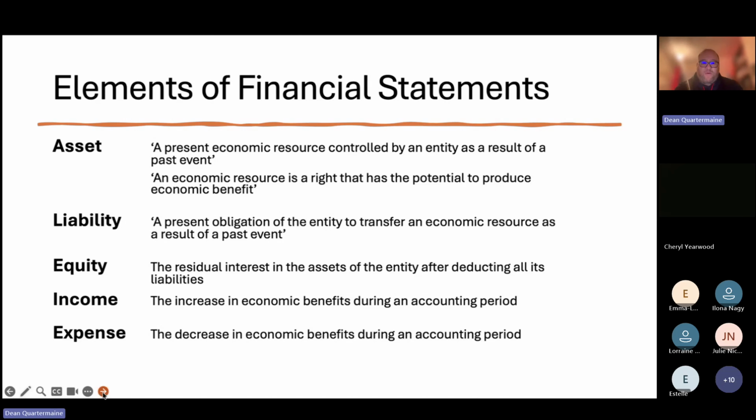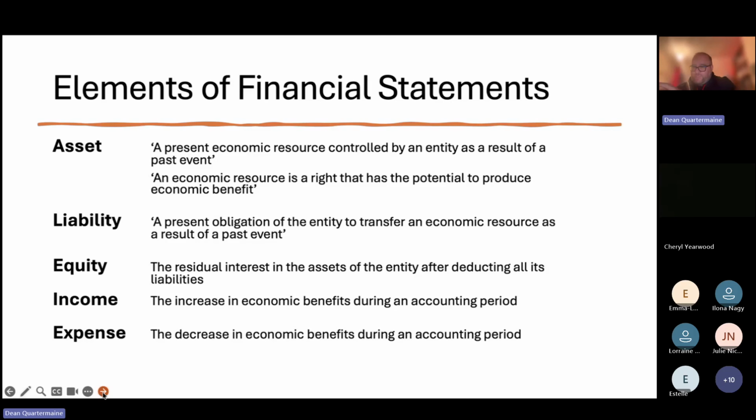So think about, take a van that we bought. So we're a courier business. We bought a van. So we have the van. The van sat in our car park. So we have a present economic resource. So we have a right to use that van, and that van, because we're a courier business, has the potential to produce economic benefit. Because without that van, we can't deliver parcels.